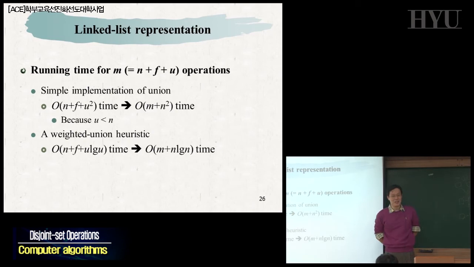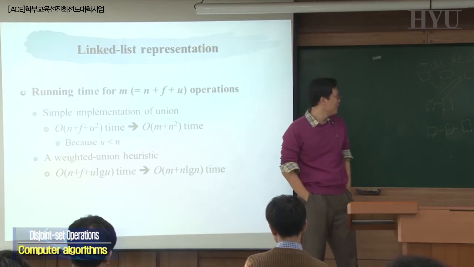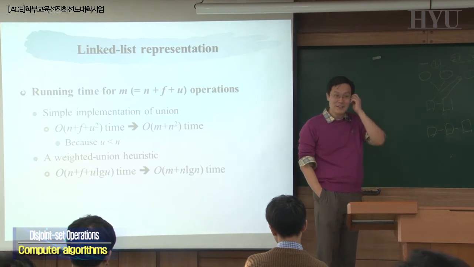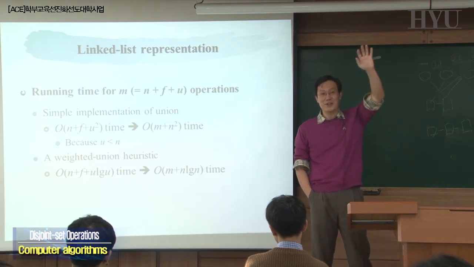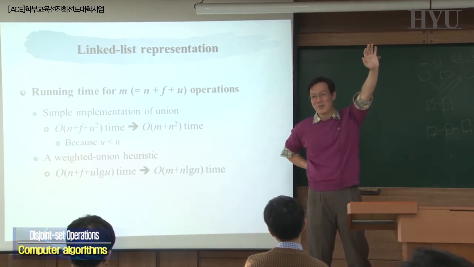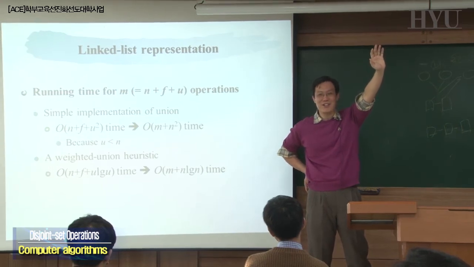It won't be easy. We attach the short list to the long list, and it reduces the running time from n squared to n log n. Is there anyone who can explain this? Any volunteer?